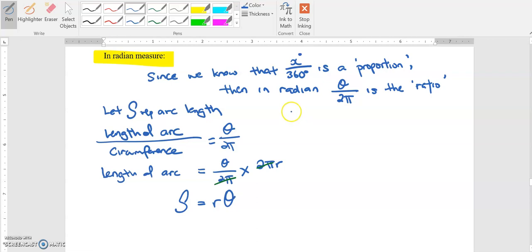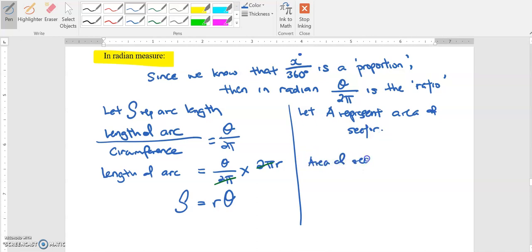Then for area of sector, if I let A represent area of sector, I will have area of sector over area of circle is theta out of 2 pi as well, because a sector is a certain proportion, a certain section of that area of circle.